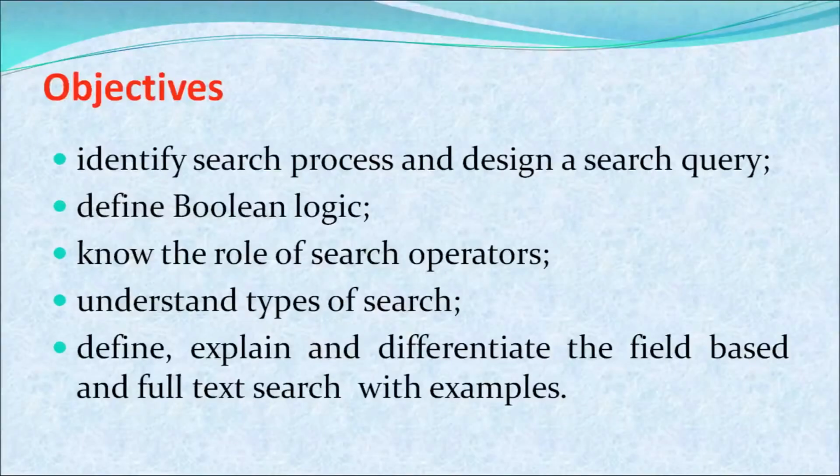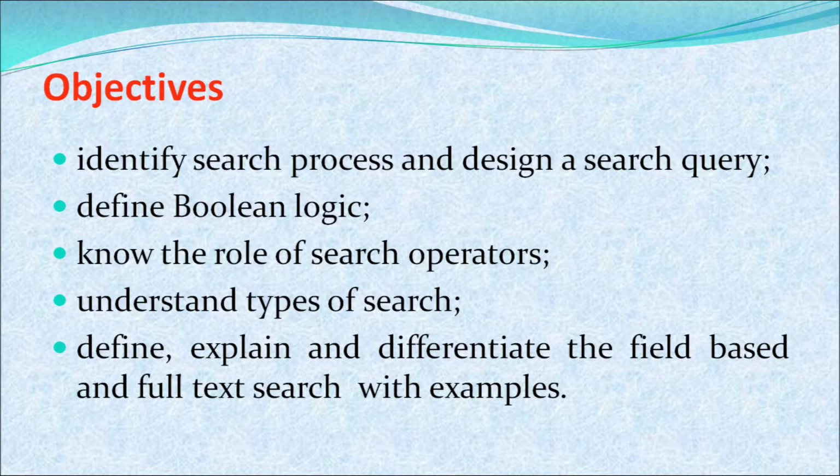You will be able to identify the search process and design a search query. You will be able to define Boolean logic, know the role of search operators, understand the types of search, and finally differentiate field based and full text search with examples.